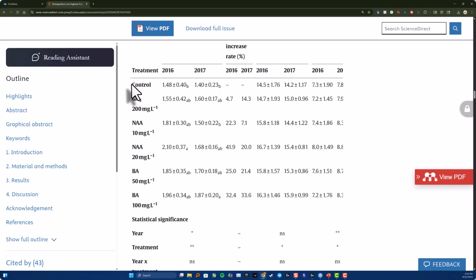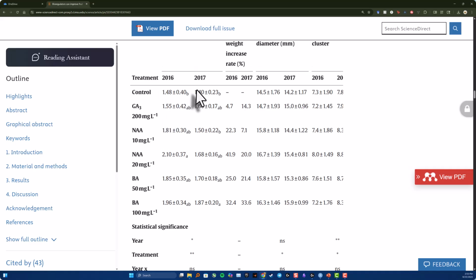In our example, we have to write down the results of control and the results of the BA treatments. In my case, I know that there's not enough observations to have a split between the two different ppms of BA. So in this example, we will be combining the results of both of these two cytokinin treatments.